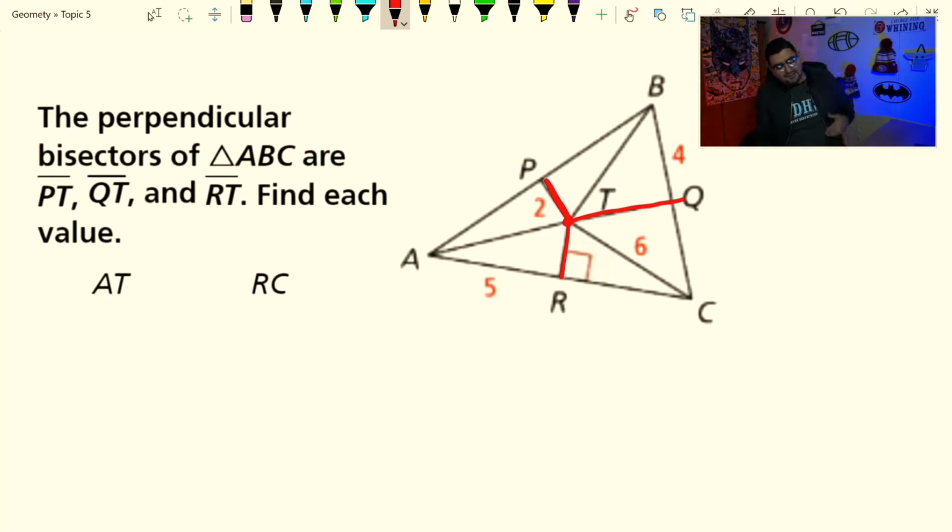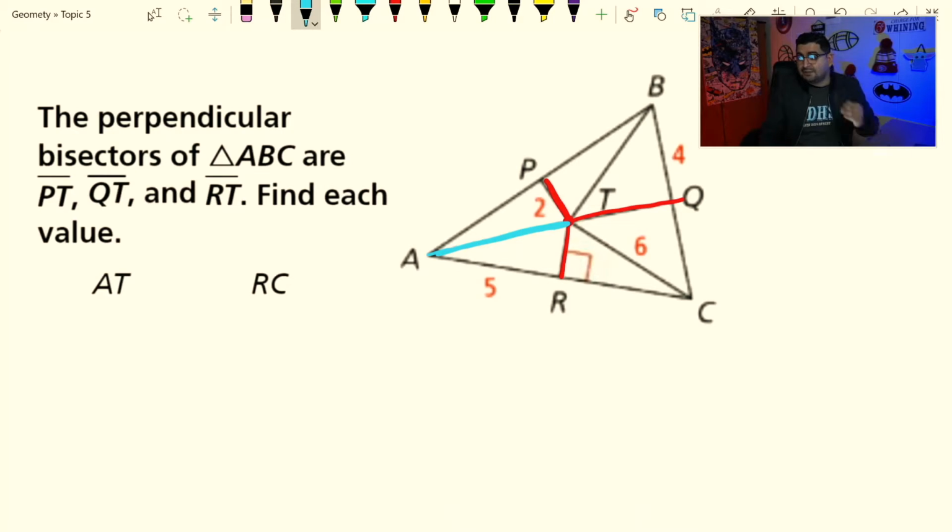Based off of what we know, they want us to find the value of AT. From A to T, that is the distance between one of the triangle's vertices, A, and the circumcenter.